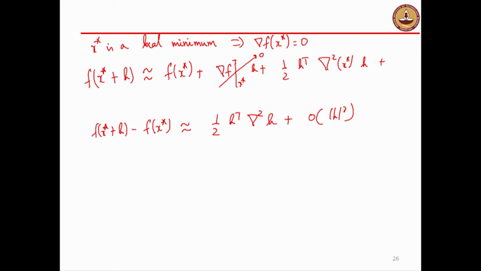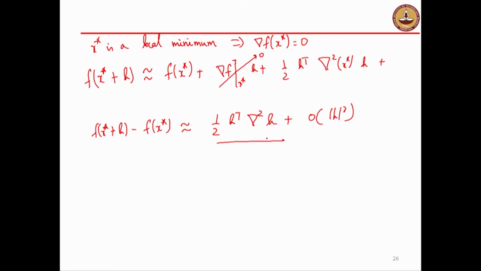Now my claim is, because I am only interested in local minimum, I go very small amounts of h, and eventually there will be small enough neighborhoods where the sign of this term will only depend on the sign of the quadratic term. Suppose there is something for which this is negative.